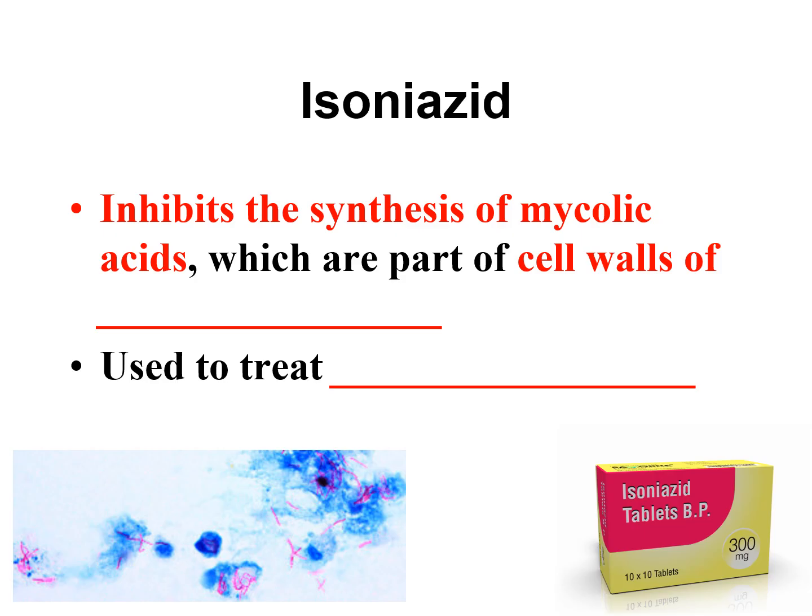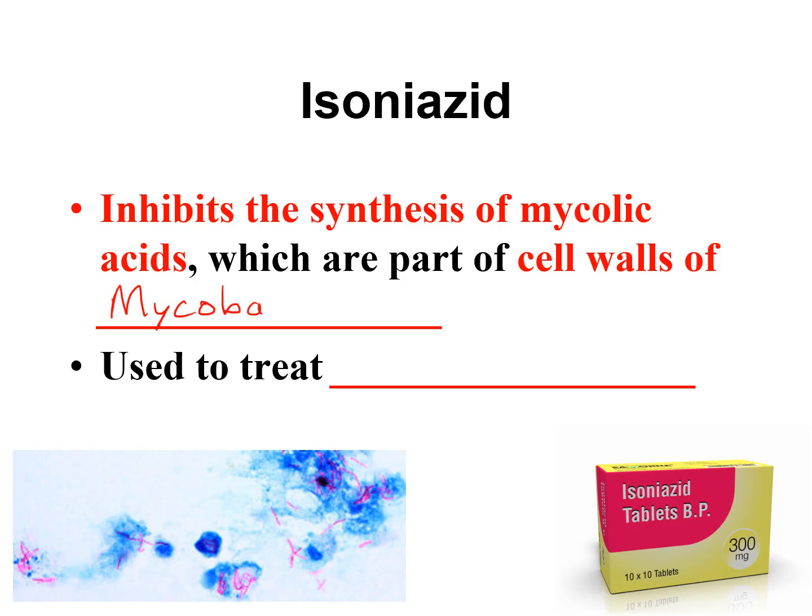Okay, and then our last one is isoniazid. It's going to inhibit the synthesis of mycolic acids. And remember that we find mycolic acids making that waxy layer outside the cell wall of the mycobacterium.